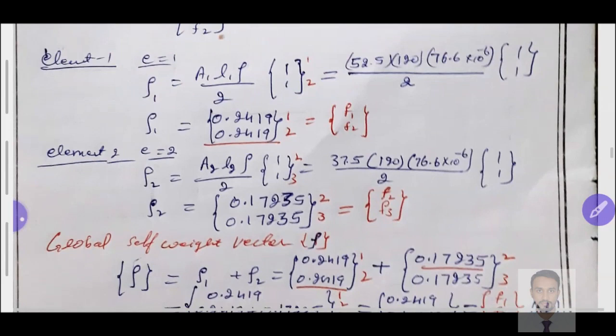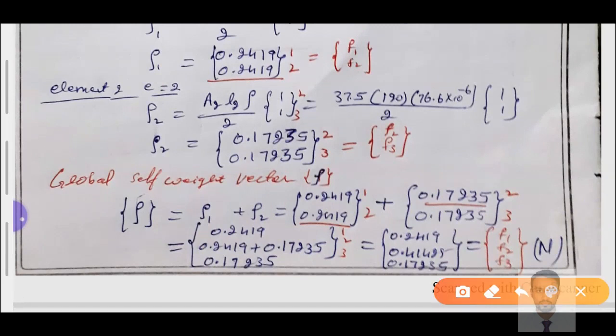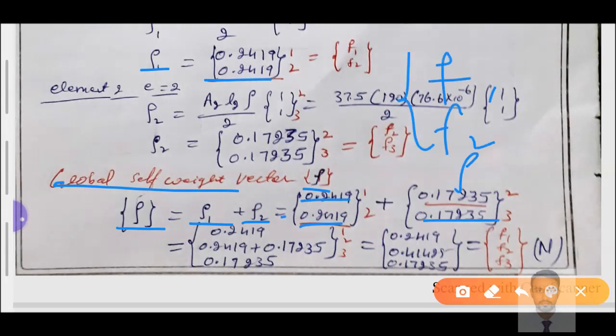So now we'll get the global self weight vector, or global force vector due to self weight. Density f is equal to density f1 plus density f2, which is equal to, we have these forces, add them: F1, F2 and F3.